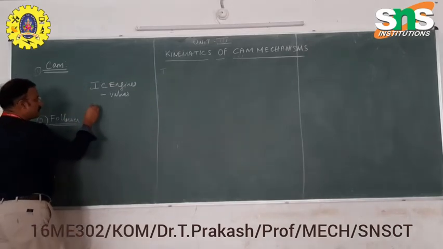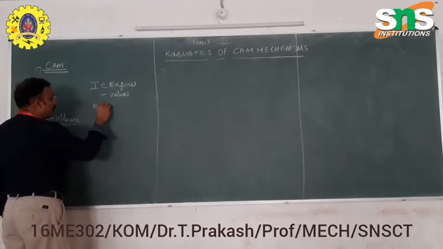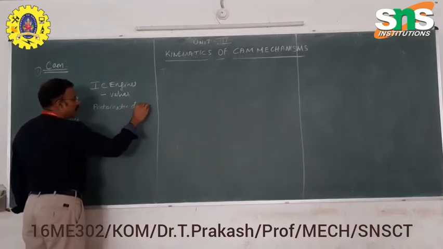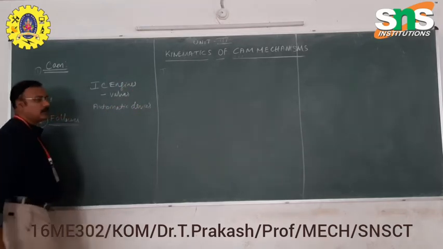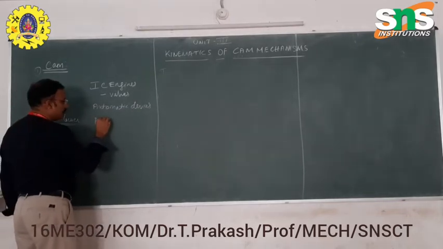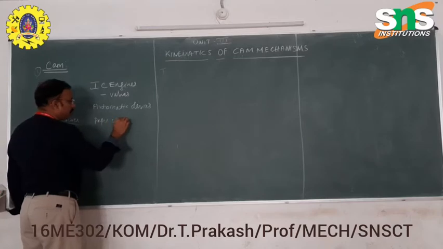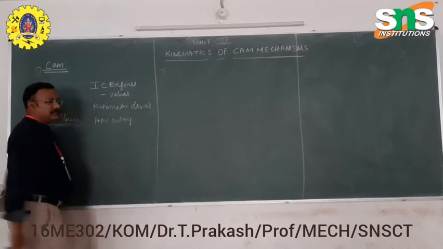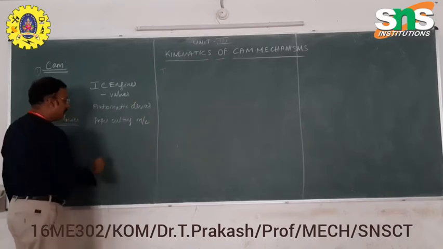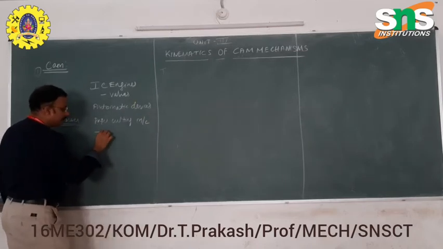And in other automatic devices, this type of cam and follower mechanism is used. Automatic machines. Then paper cutting machines, where we need the motion of the cutter; in paper cutting machines we are using cam and followers. And mainly textile industries.